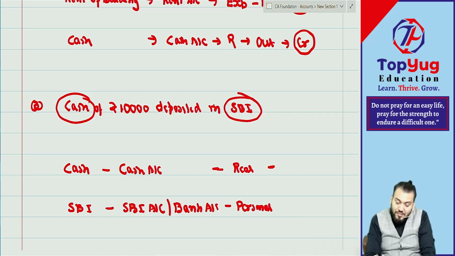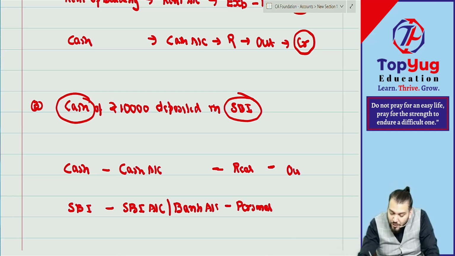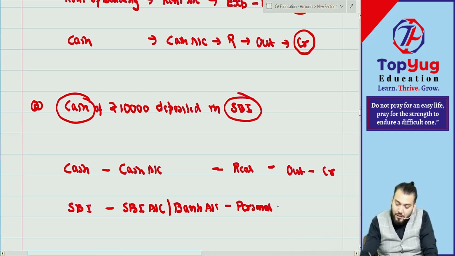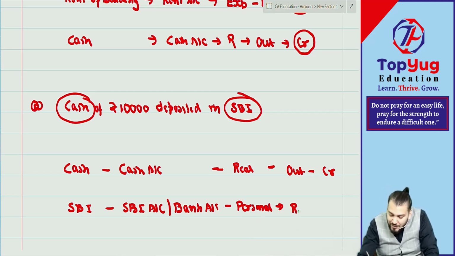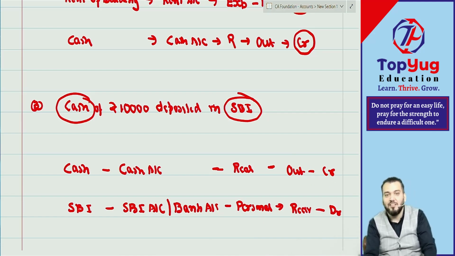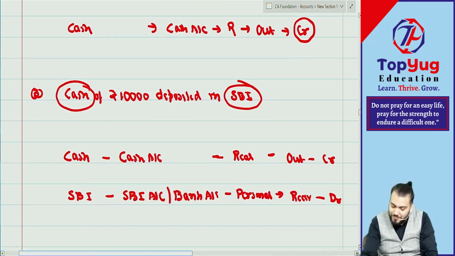But what is the rule? For real, what is the rule? Debit what? Credit what? So is cash coming in or going out? Going out. Therefore, it will be credited. But what is the rule of personal account? Debit the receiver, credit the giver. Is the bank receiving or giving? Receiving. So the receiver becomes debited. One is credited, the other is debited only. Understood? Correct.